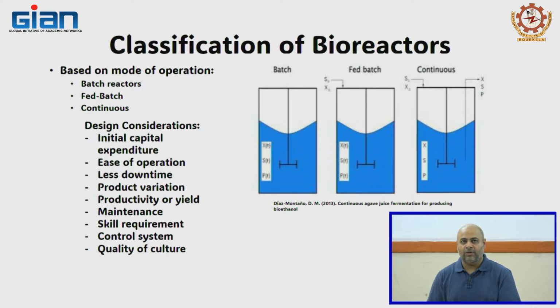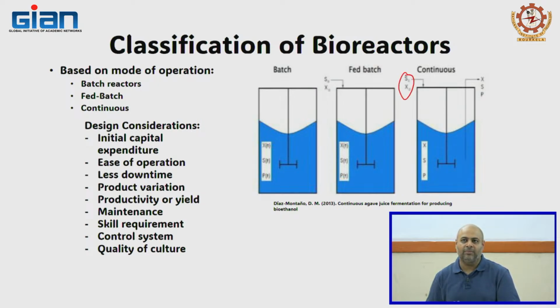Will I like to use it, let's say, if the product was extracellular and the cell can continuously produce it? In that case, I can go for a continuous stirred tank reactor, right? So, depending upon the type of product that you are going to develop, you can choose the right type of reactor, right? So, in the continuous stirred tank reactor, you have your S0 and X0.